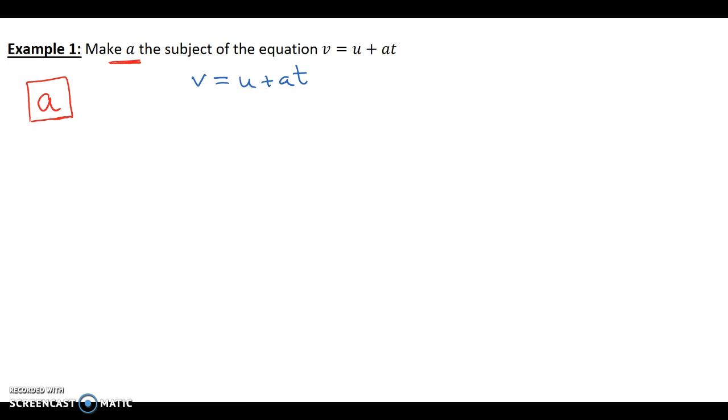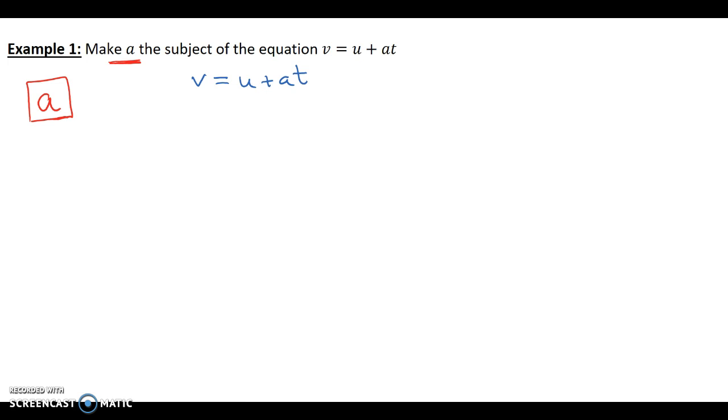Now, if we follow the steps that were outlined in the notes, the first step would be to move anything that doesn't contain your variable. Our variable is the a. Move anything that doesn't contain the a over to the other side of the equal sign.